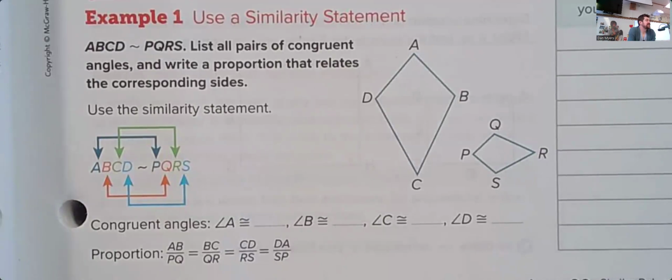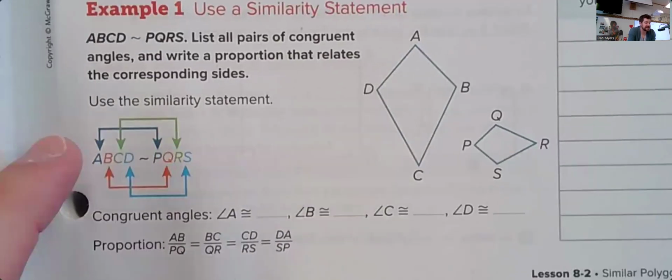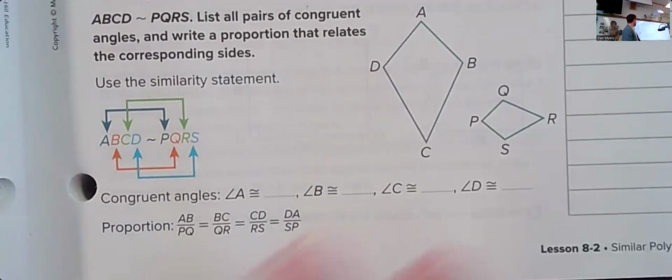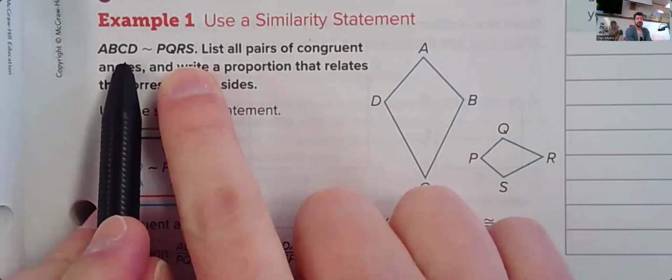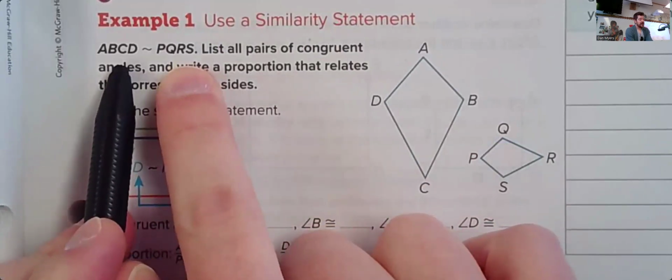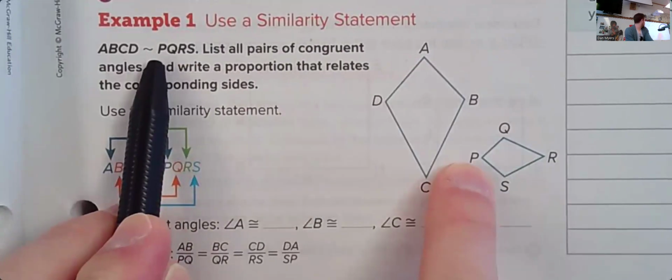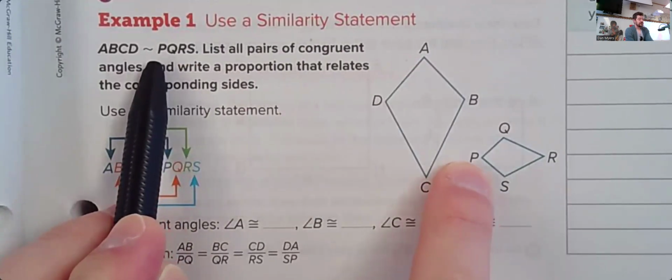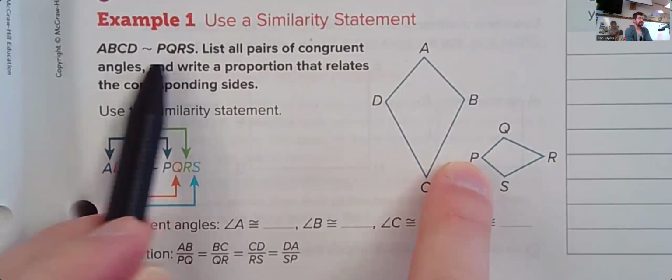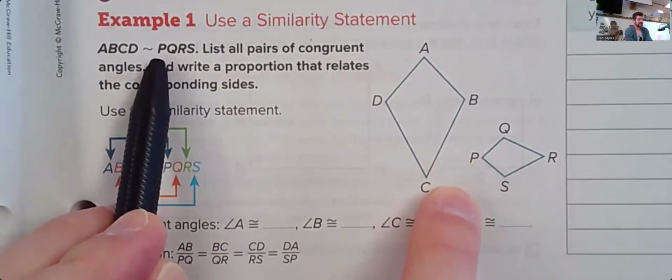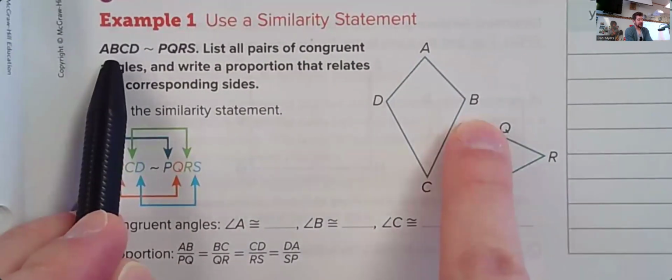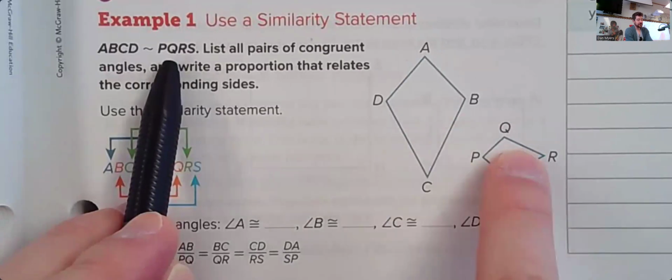This kind of goes back to corresponding parts of polygons, and that means that the order that these two things are written in really matters. Angle A on the large one corresponds to angle P on the small one. So the first letter corresponds to the first letter. First angle corresponds to this angle here. Second one, B, corresponds to angle Q.